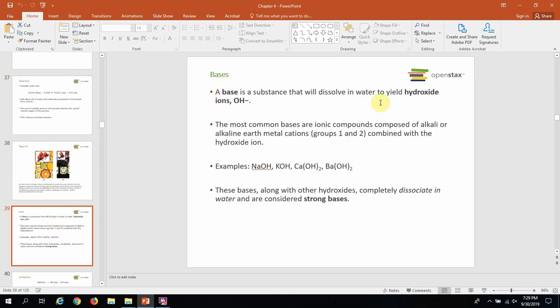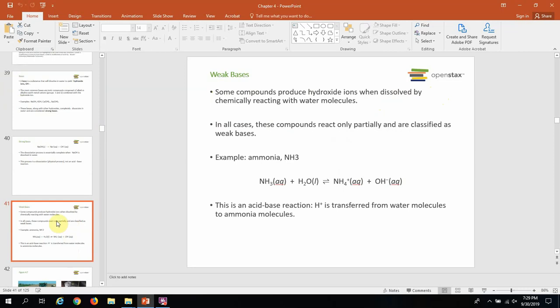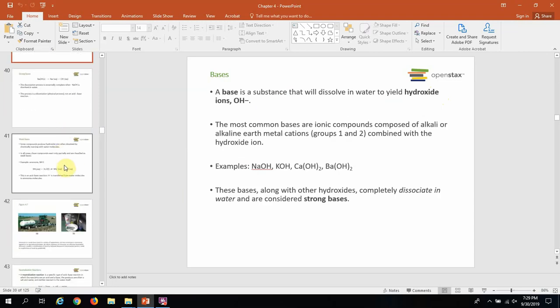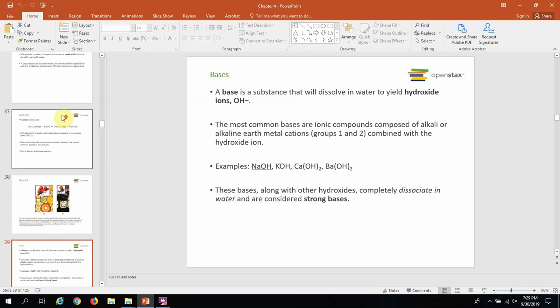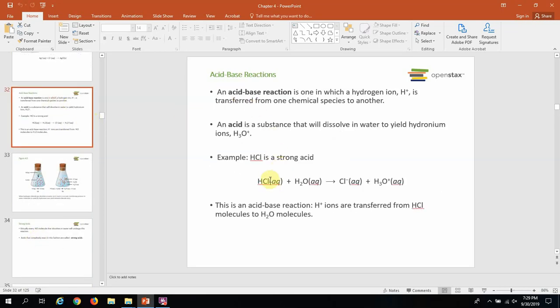And a base is a substance dissolved in water that will yield hydroxide ions. Now, acid-base reactions can involve the transfer of a proton, that is, a hydrogen ion from one species to another.